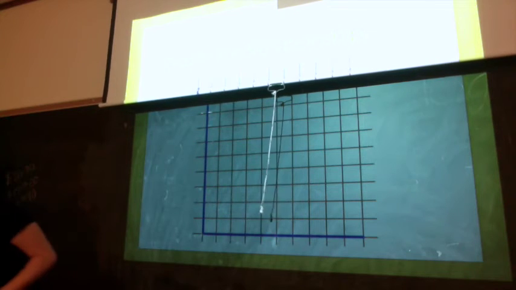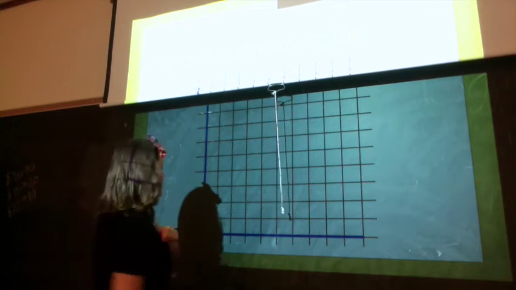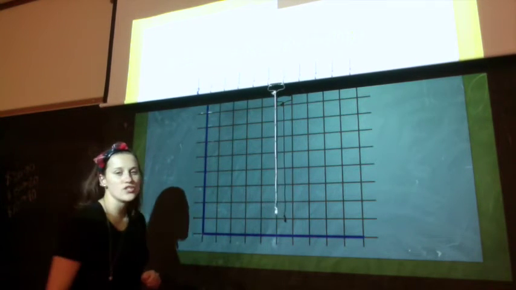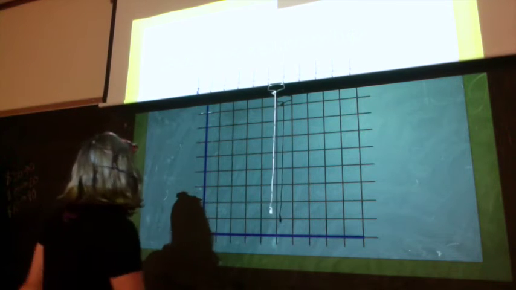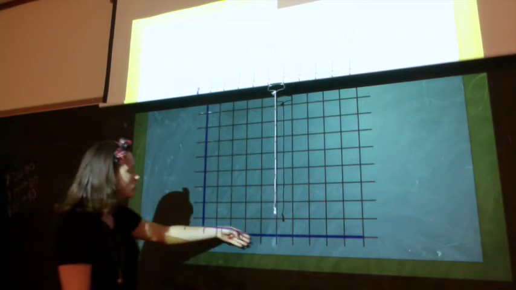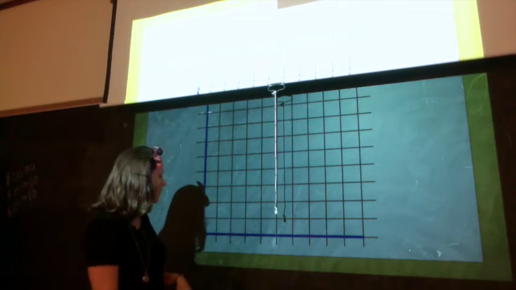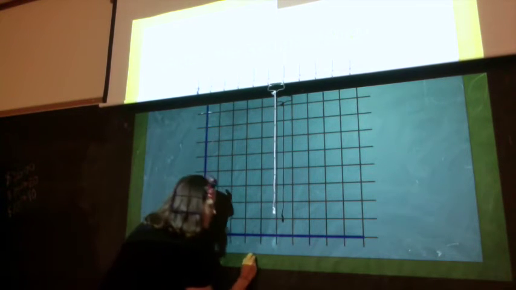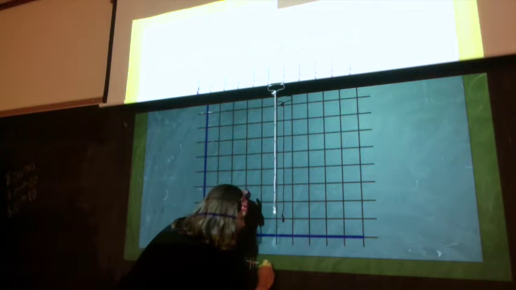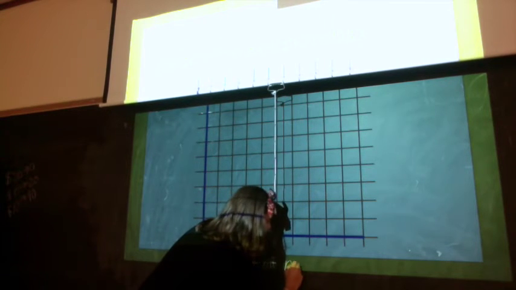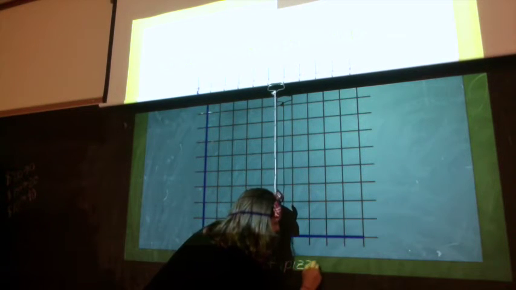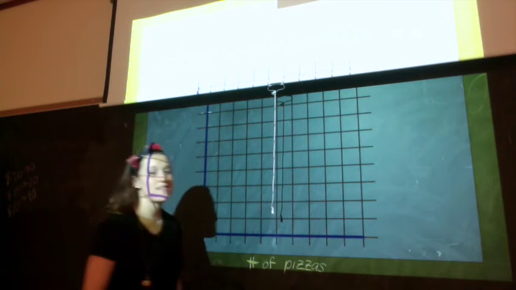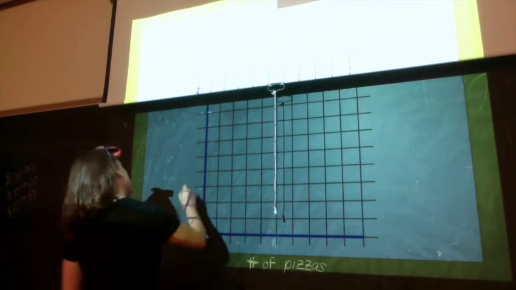All right. So we have our graph here, and first what we're going to do is name our axes. So you can choose whichever one you want, but I'm going to say that my x-axis is the number of pizzas. And I'm going to say that my y-axis is the price.